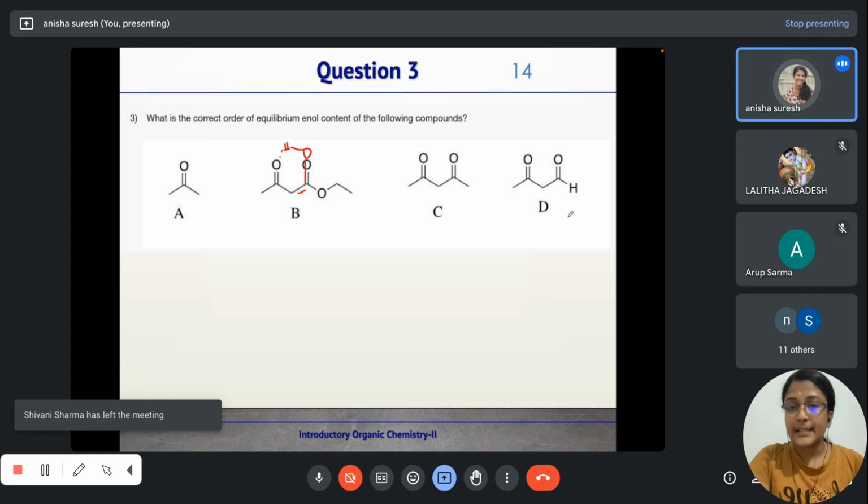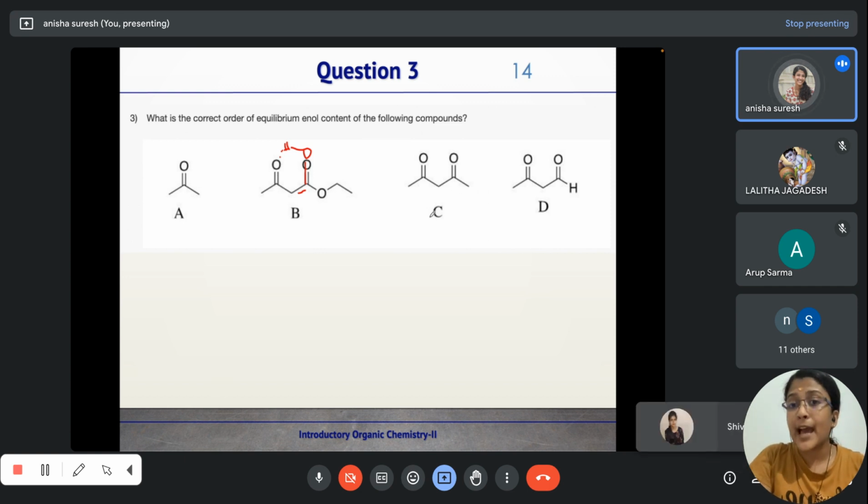But in the other cases, as we have seen, C will have more alpha hydrogens, hence more hyperconjugation effect will be acting in case of C. That means 1, 2, 3, 4, 5, 6, 7, 8 alpha hydrogens will be there.